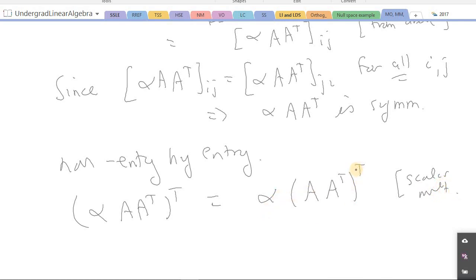Okay, now what's the transpose of AA transpose? That's equal to alpha. Remember the formula. If you take the product of two matrices and take the transpose, that's the same thing as the product of the transposes in reverse order. So it's going to be A transpose transpose times A transpose. Okay, and that's the transpose product formula.